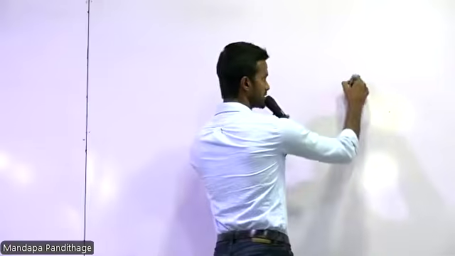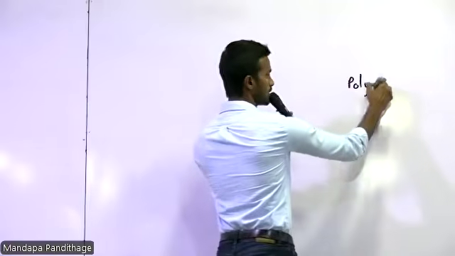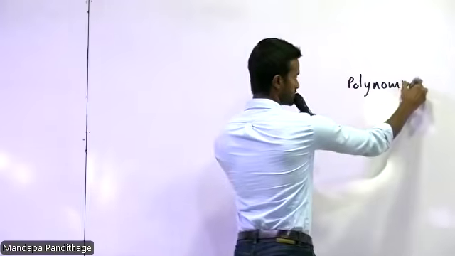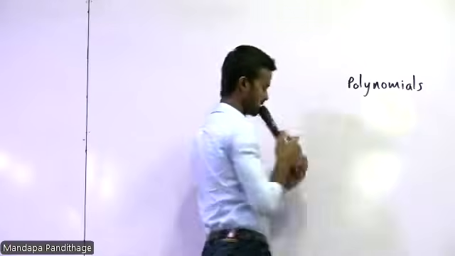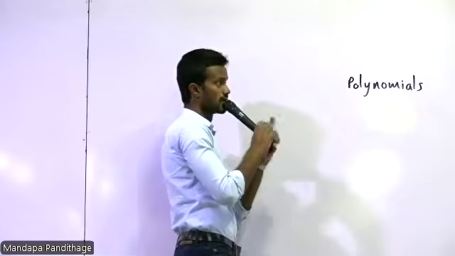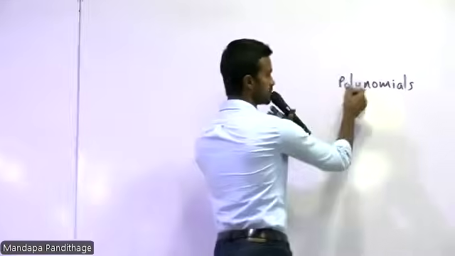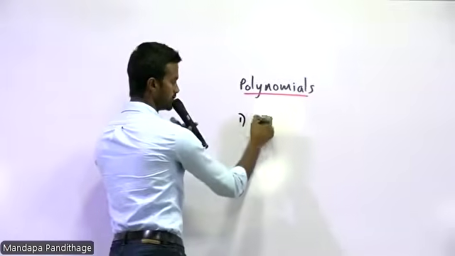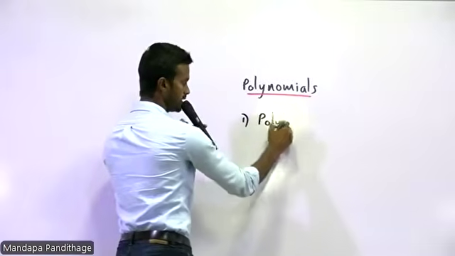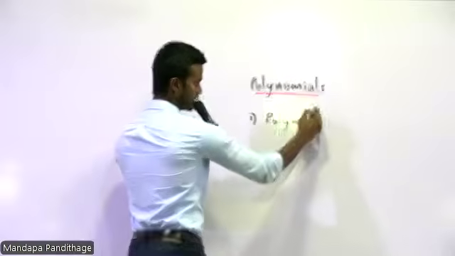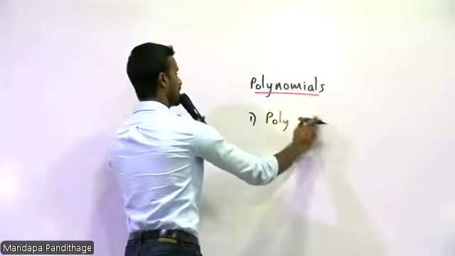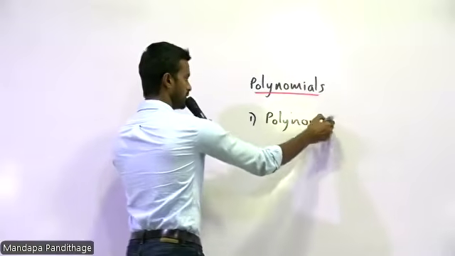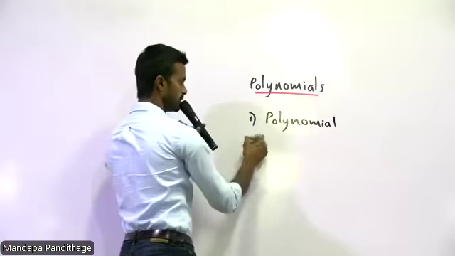We started the lesson polynomials, and under polynomials, we first discussed what is a polynomial, and then the similarity or equality of a polynomial.